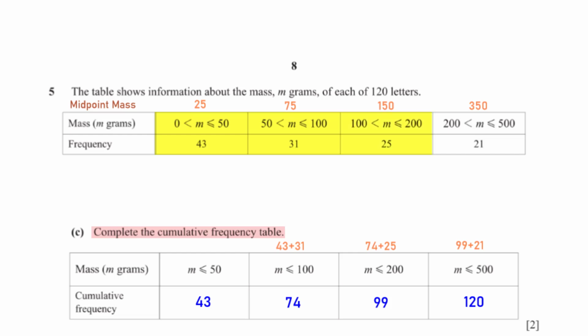For m is less than or equal to 200, the cumulative frequency is 74 plus 25, which is equal to 99. Then finally, for m is less than or equal to 500, the cumulative frequency is 99 plus 21, which is equal to 120.